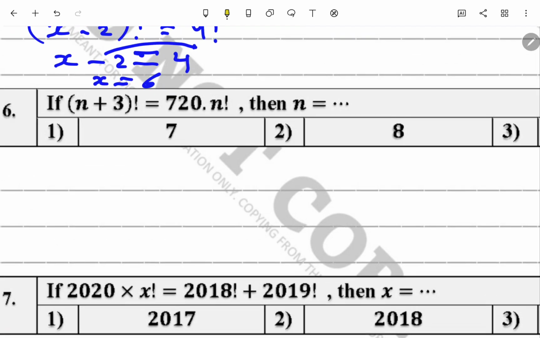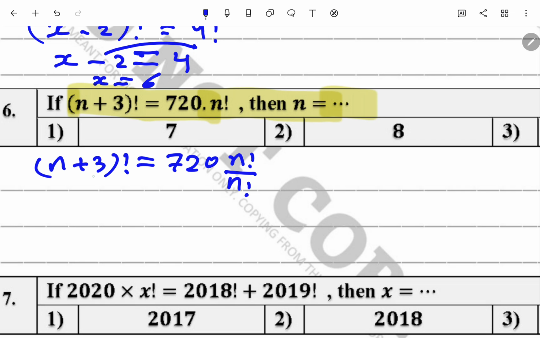In number 6, we can see that if you have (n plus 3) factorial equals 720 times n factorial, then he is asking about n. You can also divide by the smallest on both sides. This, (n plus 3) factorial, is the biggest, and 720 with an n factorial.